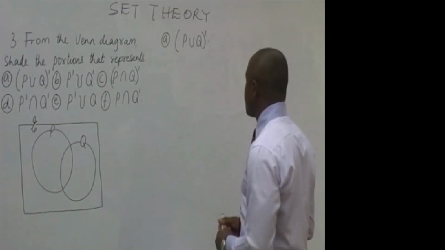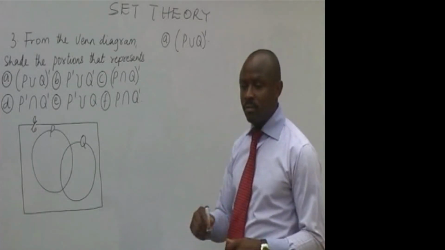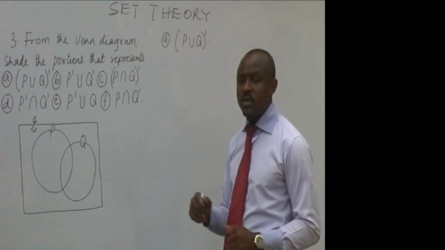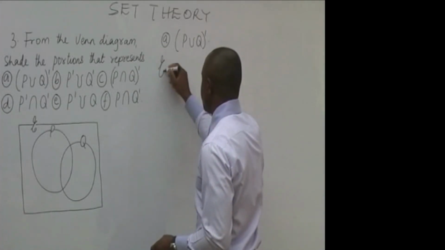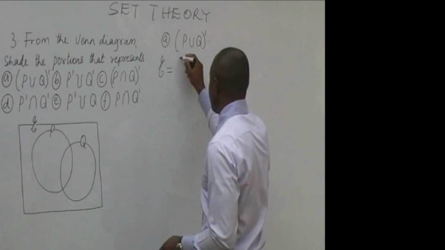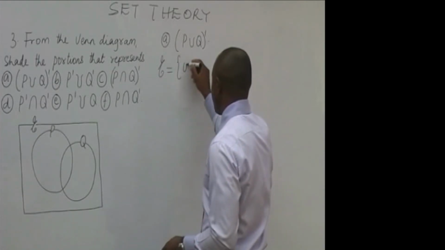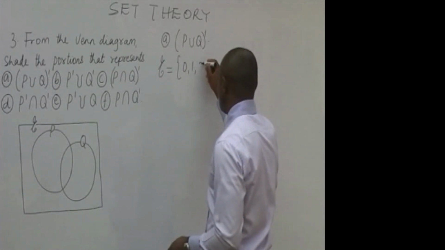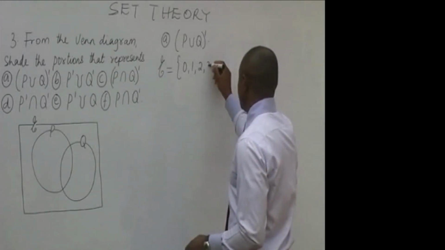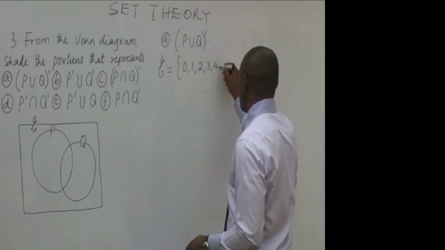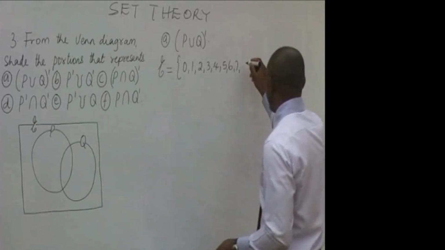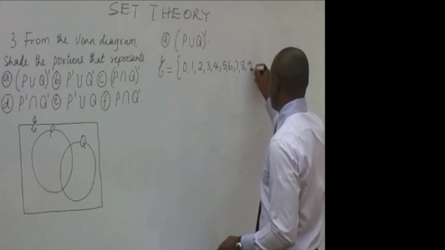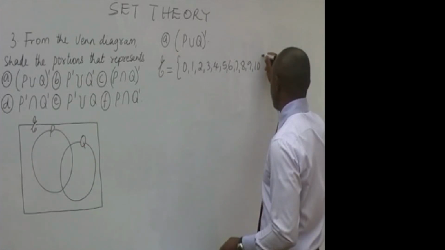From there, the idea of what you should shade in the Venn diagram will come. So let's take numbers from 0 to 10 as our universal set. So let our universal set be 0, 1, 2, 3, 4, 5, 6, 7, 8, 9, and 10.